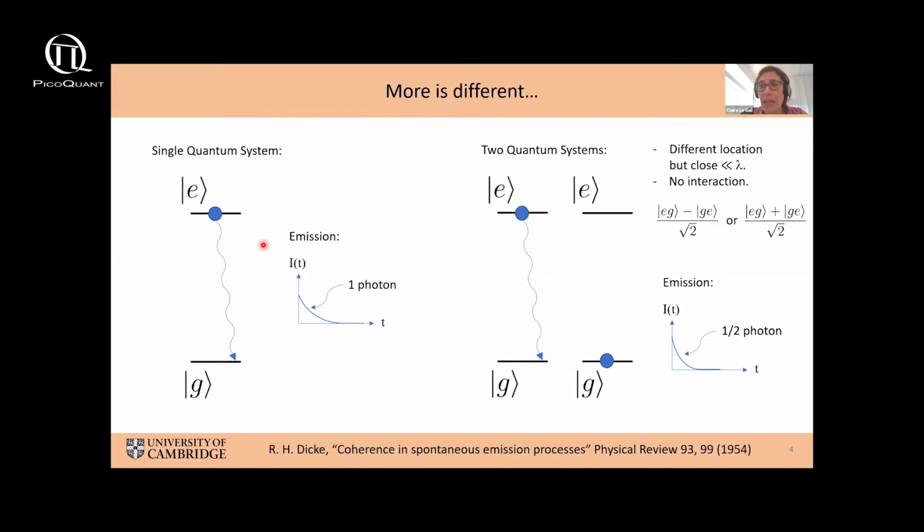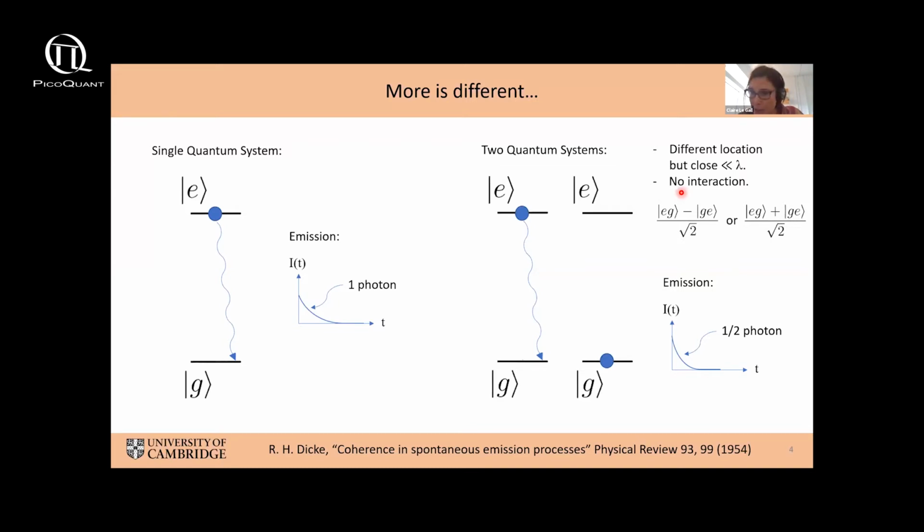And the reason for that is because, in fact, the vacuum field interacts with both systems in an identical way, such that the eigenstates of the system with respect to photon emission are either an antisymmetric state, a dark state.